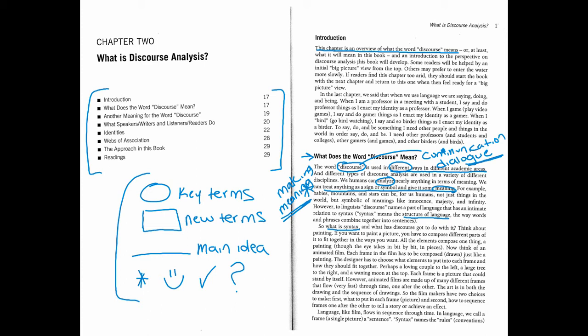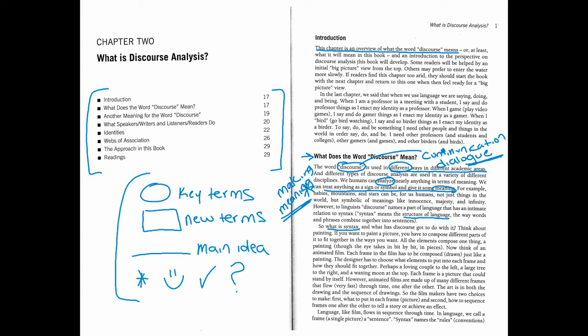So if we look into this chapter, I have just glanced at the introduction and I have underlined this chapter as an overview of what the word discourse means. Okay, that's what this chapter is about. I would finish reading the introduction and then I go into the first paragraph of the first section where it says the word discourse is used in different ways in different academic areas, and different types of discourse analysis are used in a variety of different disciplines.